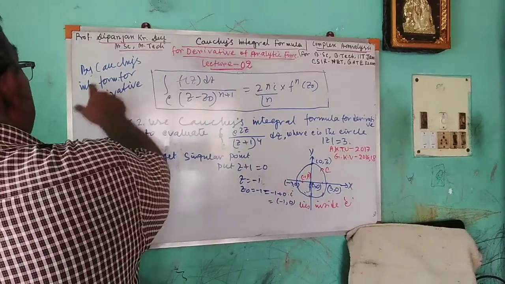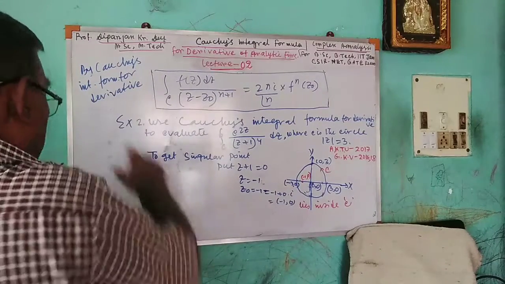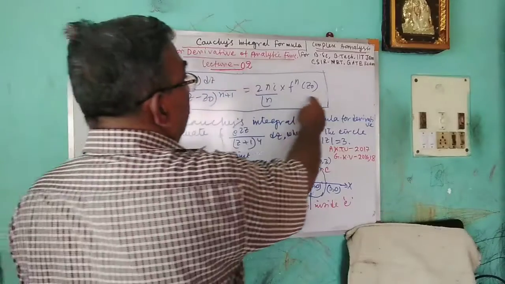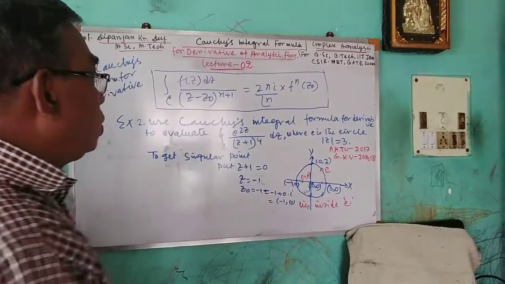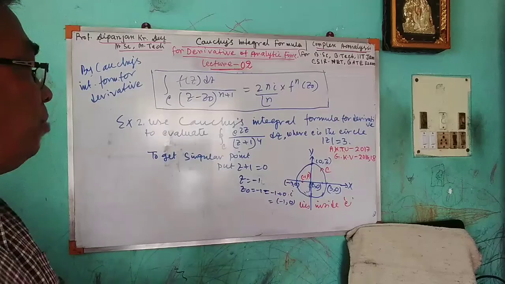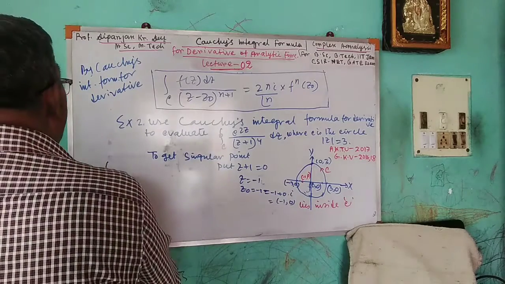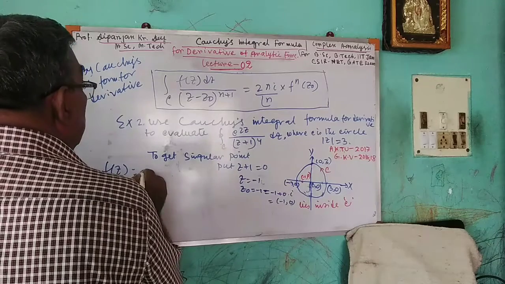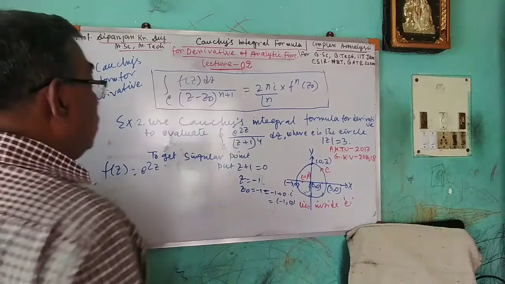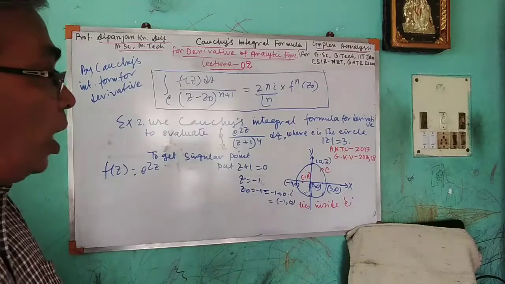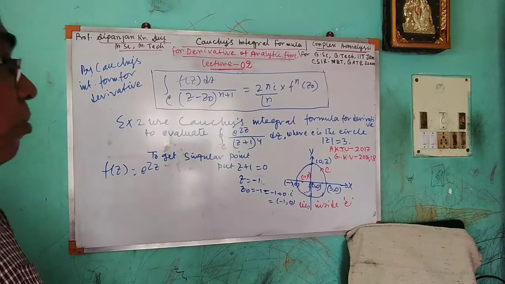Then by Cauchy's integral formula for derivative, this is the formula. Using this formula, what is f(z) here? f(z) is equal to e to the power 2z. Now the question is, why are we applying Cauchy's integral formula for derivative here?